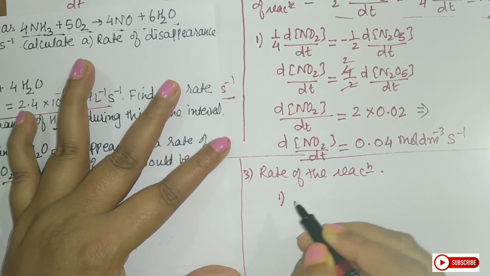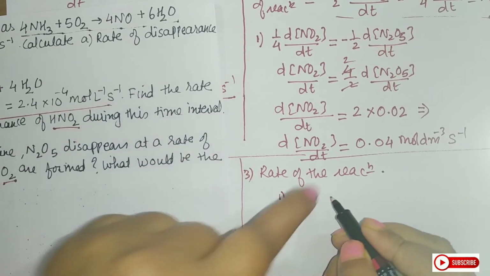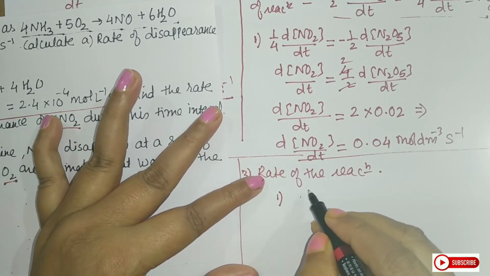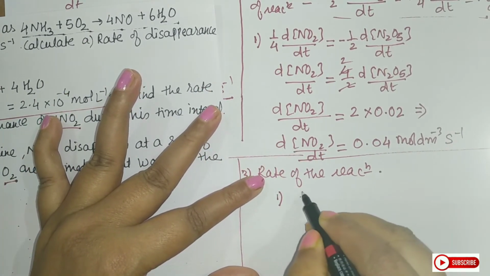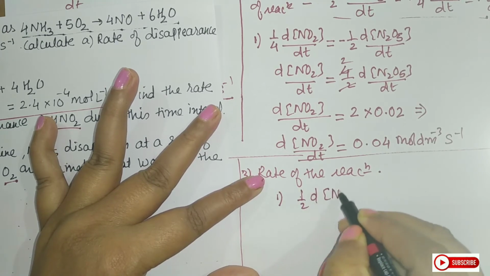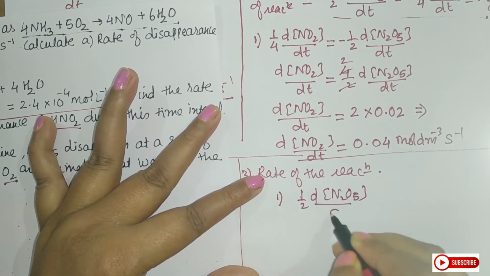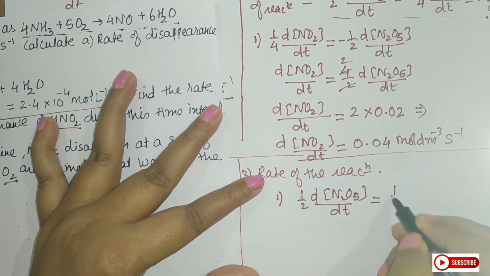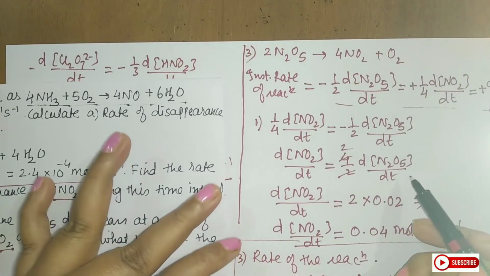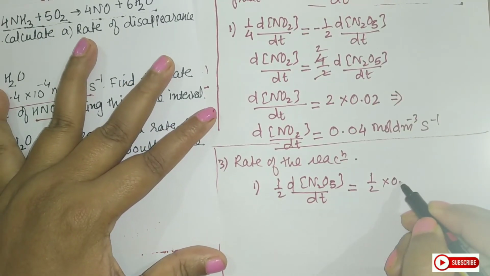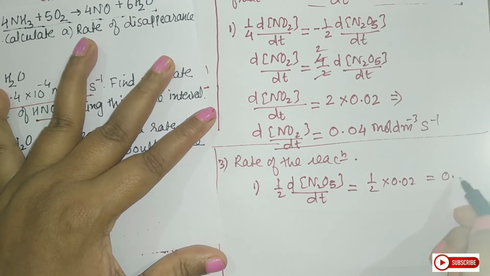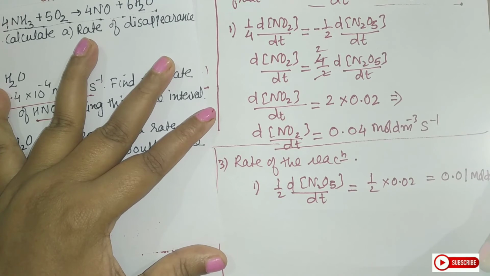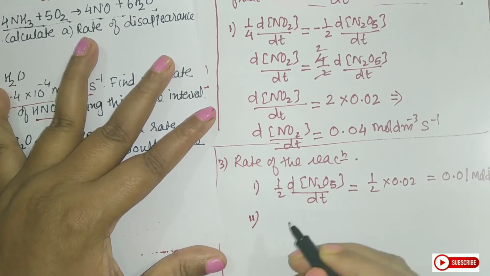How can I write this? It is -d[N2O5]/dt, that is equal to half into N2O5, which is given as 0.02, so that is 0.01 mole per dm cube second inverse.